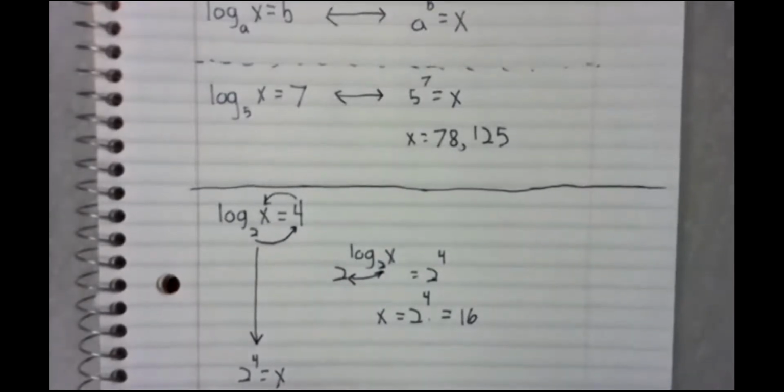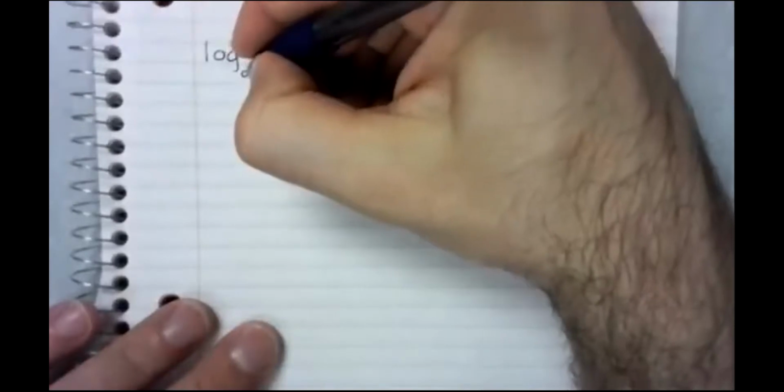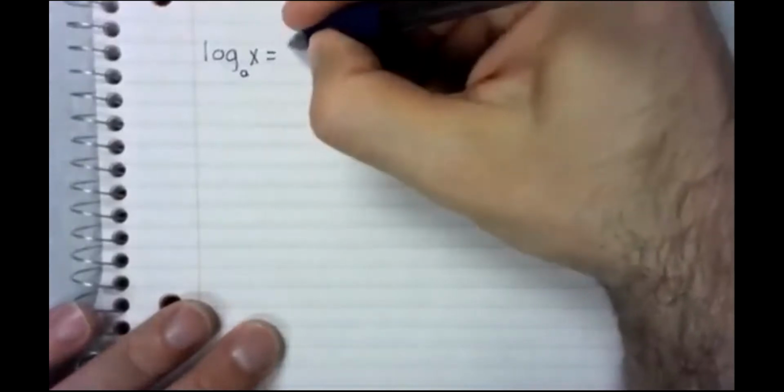Let's look at a few more examples of this. We'll complicate things a little. For our first level of complication, we are looking at equations like this. The logarithm base a of x equals b.